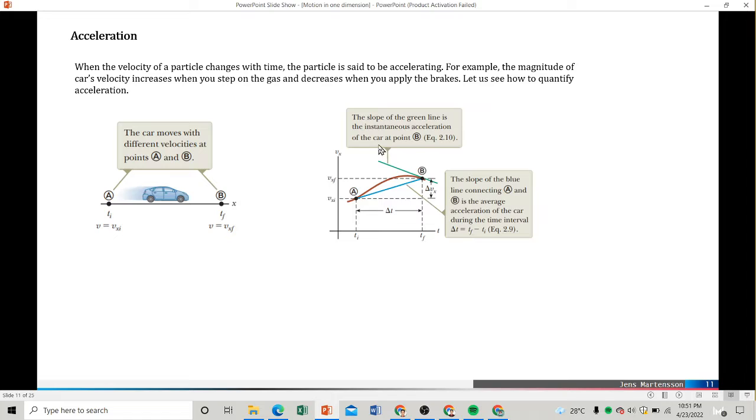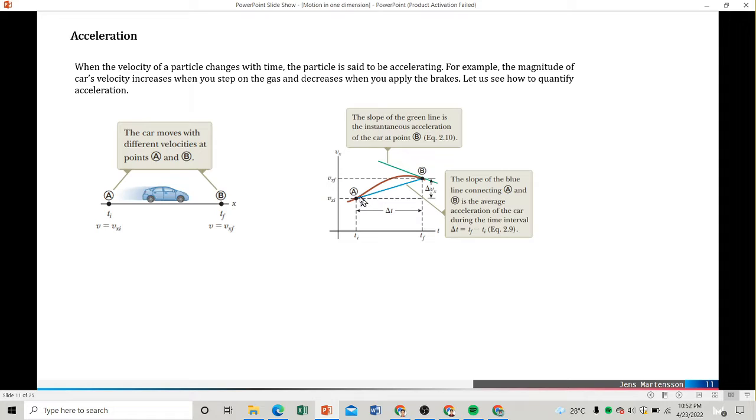The slope of the green line is the instantaneous acceleration of the car at point B. What we get from this slope is the resulting acceleration at a specific instant of time, which is the final position.